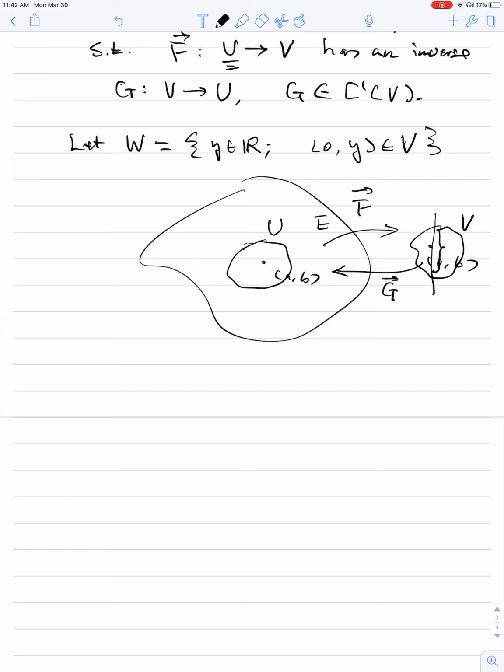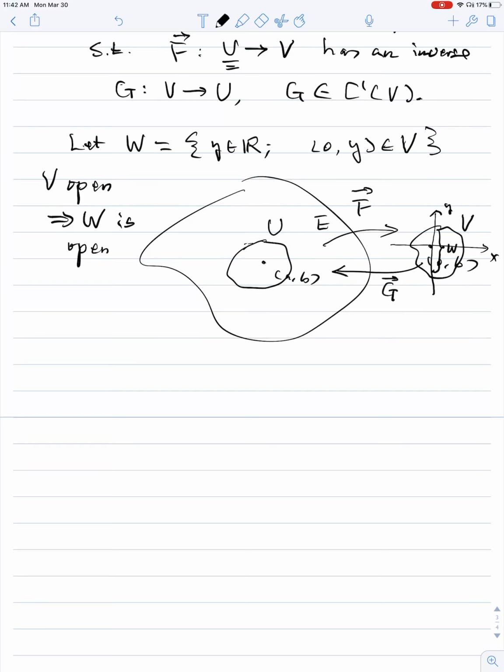W is this part: this is the x axis, this is the y axis. So when x equals 0, of course, because V is open, you can easily see that W is also open.